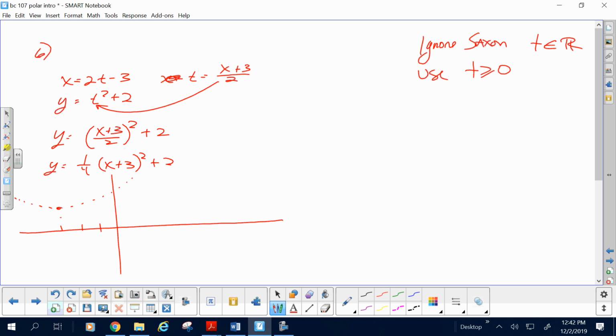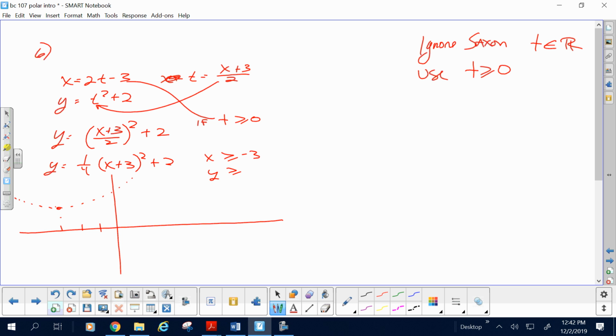Now I have to do the parametric part. Where does it start? What direction does it move? Where does it not go? What about the domain here? If t is greater than or equal to 0, then what's x? If t is 0 and up, x is greater than or equal to -3, right? And we could do the y.